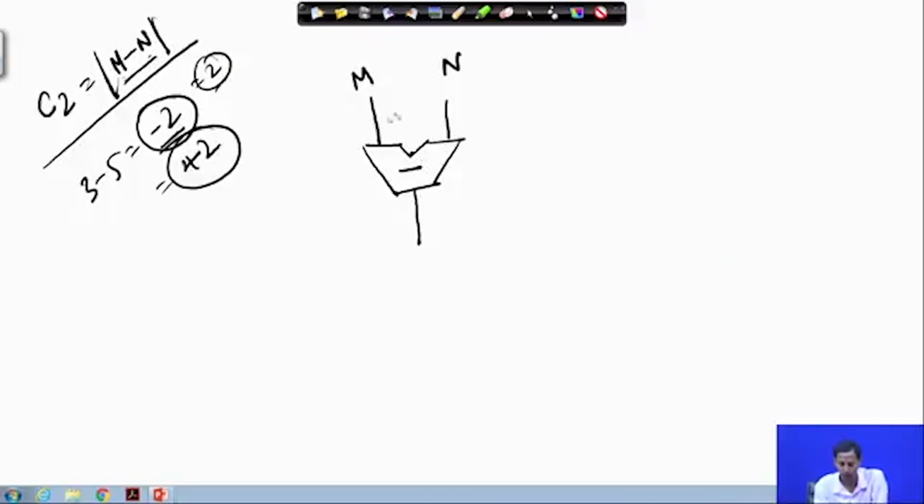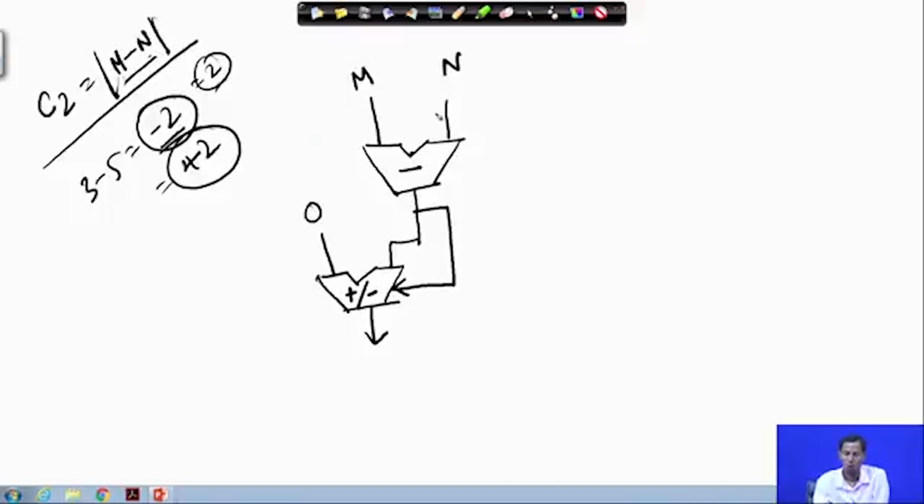So here I am doing m minus n, and then I have another circuit which is an add or subtractor, a circuit whose function is add or subtract. Add or subtract needs one control signal, and this control signal will come from this particular point. Why this point?